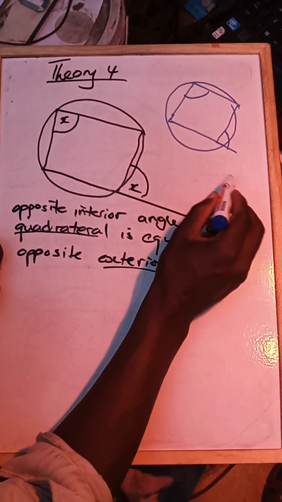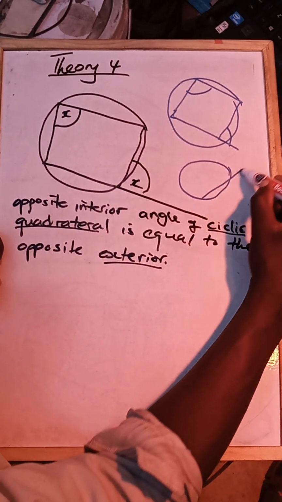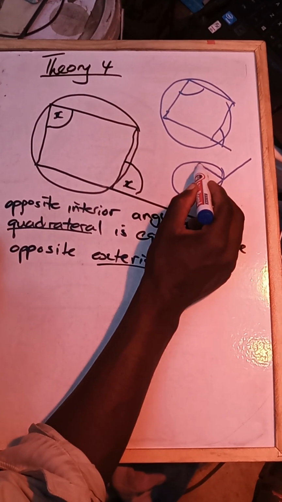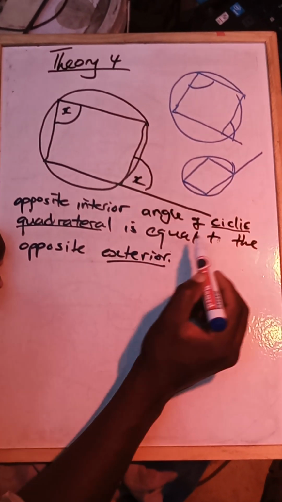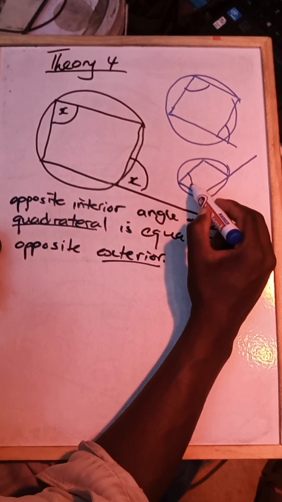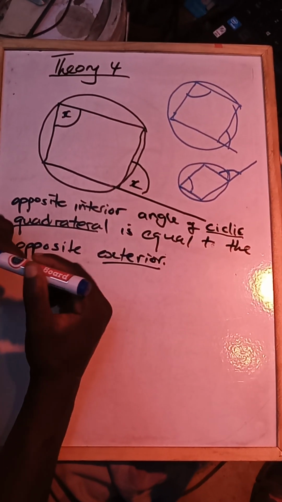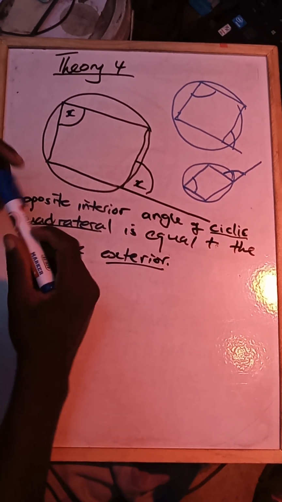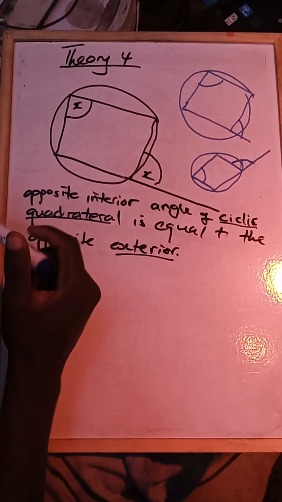Right, if we draw another circle, we have the interior and exterior angle. So identifying the interior angle is the core issue here.